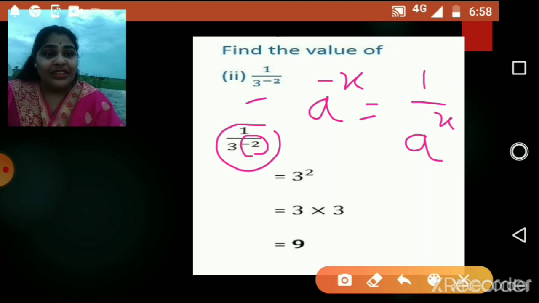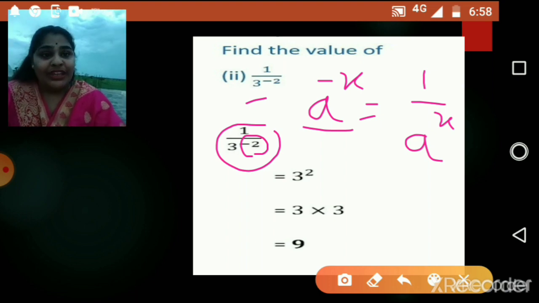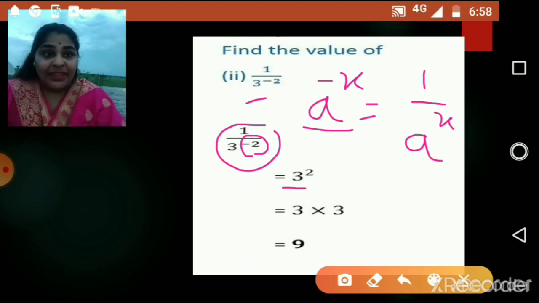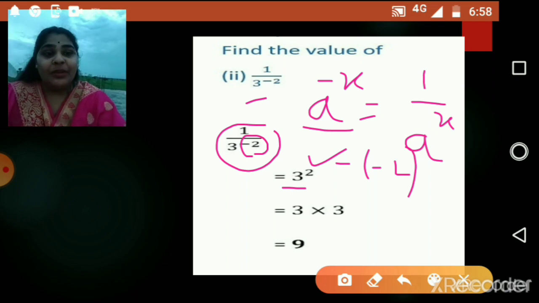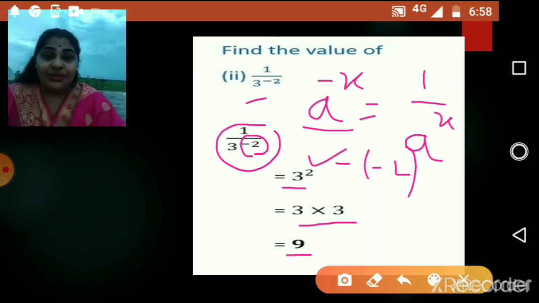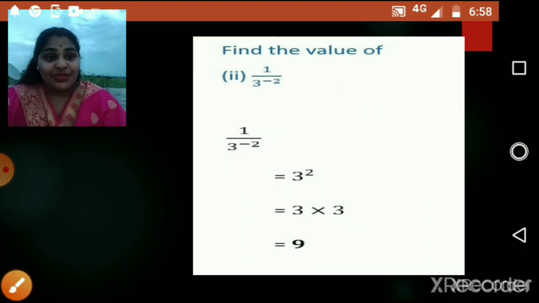So we are taking 1 upon a raised to x is equal to a raised to negative x. So a value will be again 3 here, and negative x means negative of negative 2 becomes positive 2. So that is equal to 3 square, which is 3 into 3, equal to 9. I hope this is clear, children, how to solve.